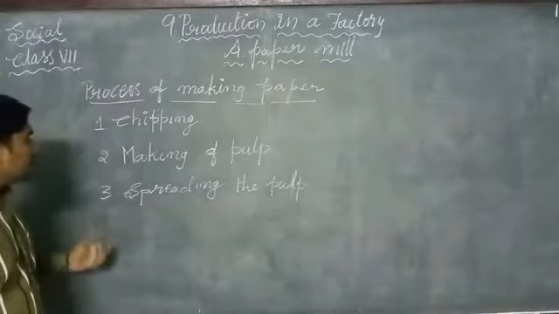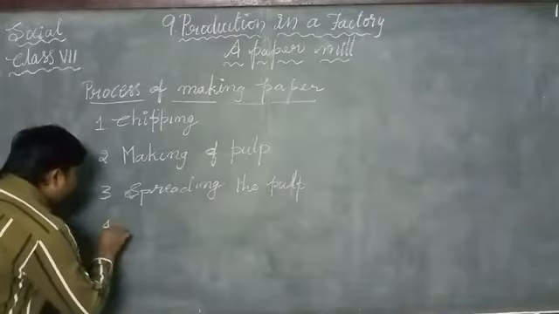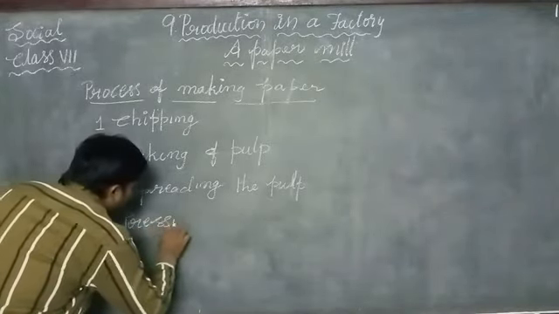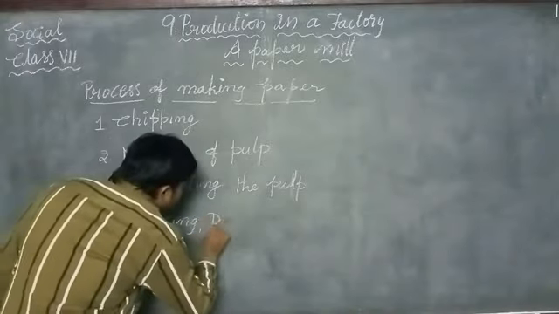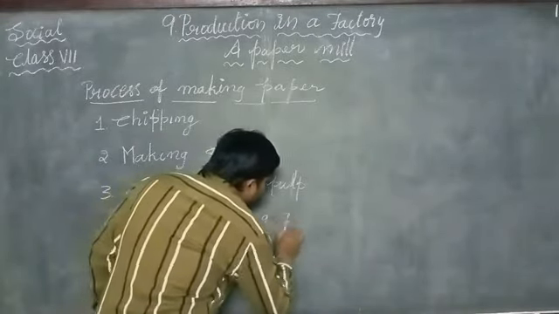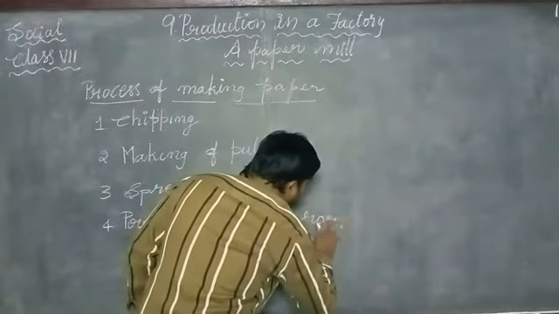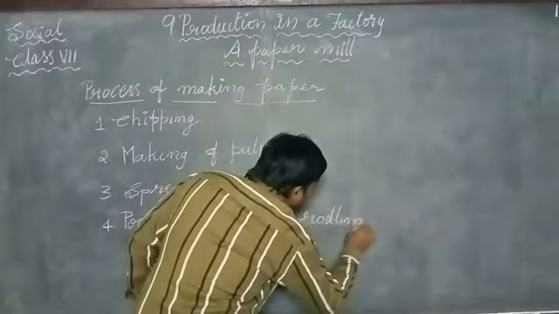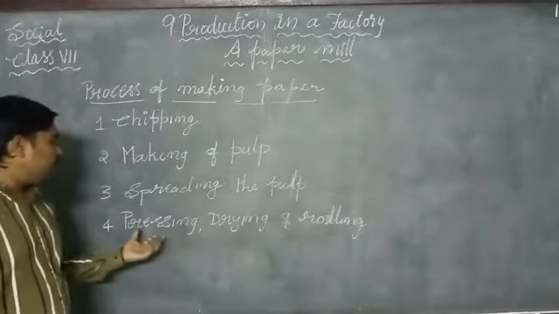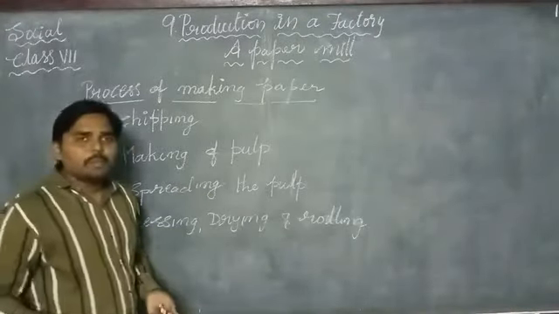The fourth stage is pressing, drying and rolling. In this stage, after spreading, the pulp would be pressed.